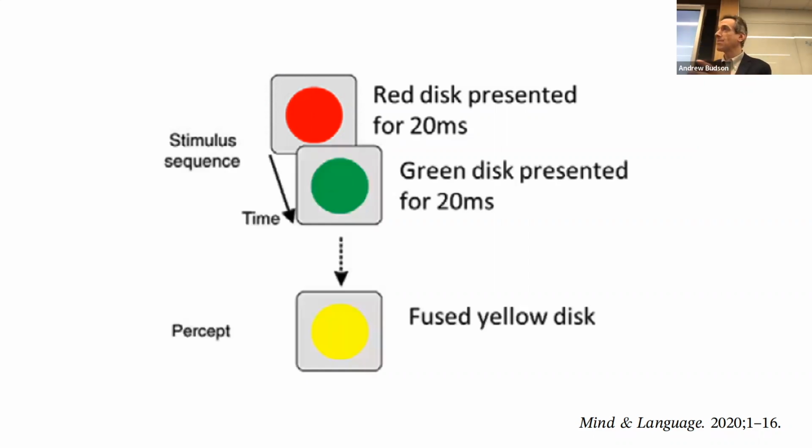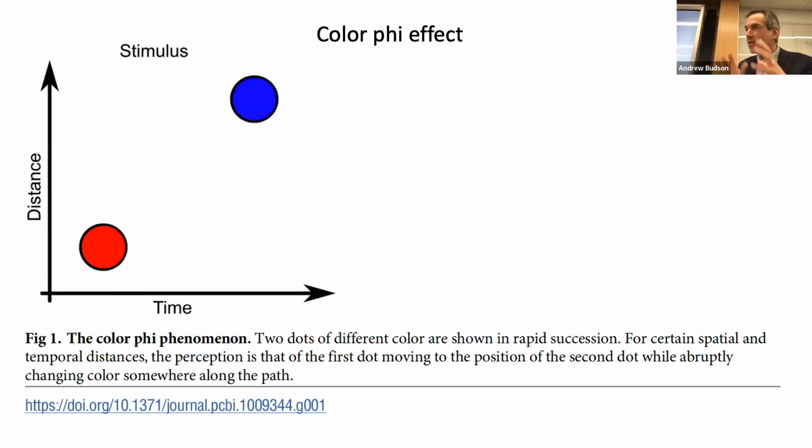If you have a red disc presented for 20 milliseconds, you see a red disc. But if you show the disc for 20 milliseconds followed by a green disc for 20 milliseconds, you'll see a fused yellow disc. And there's this very cool effect that's been known for about 50 years called the color phi effect.